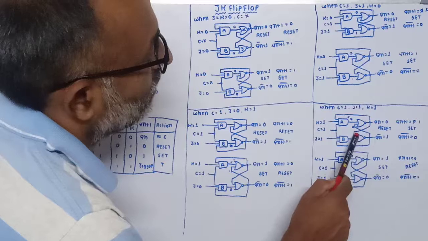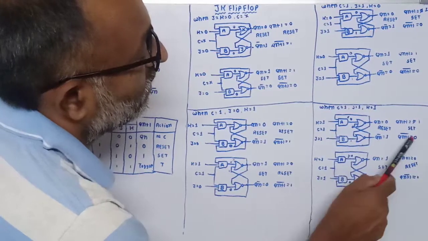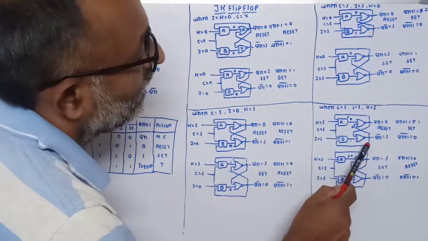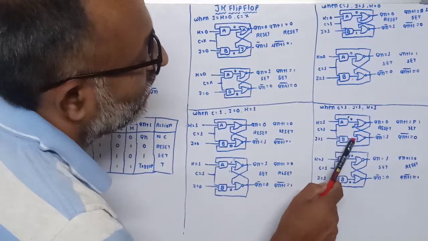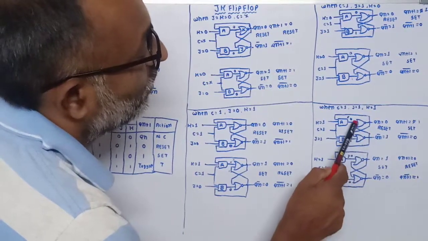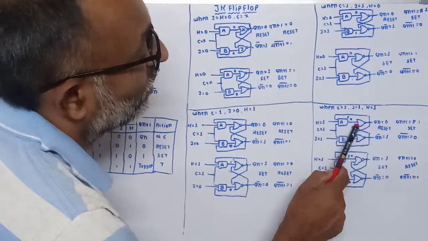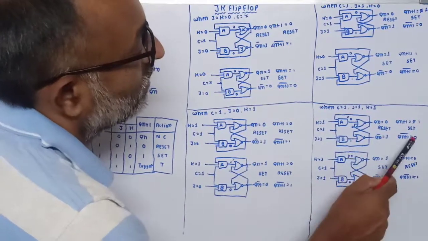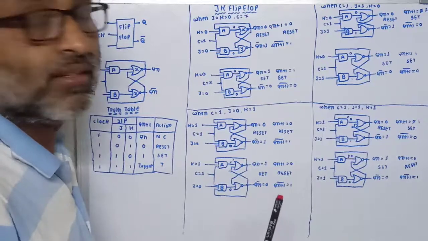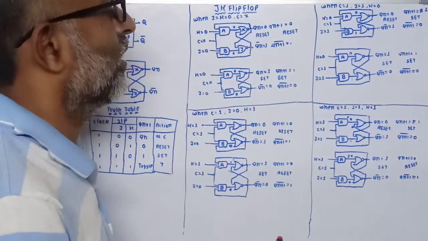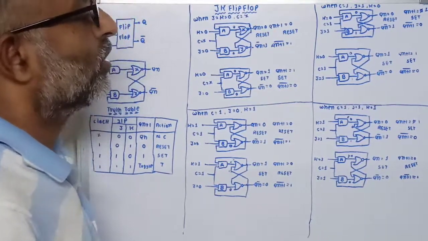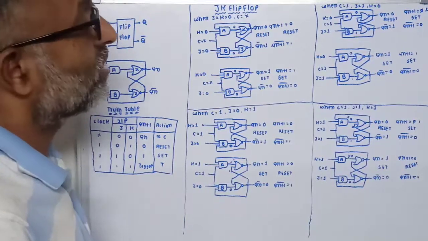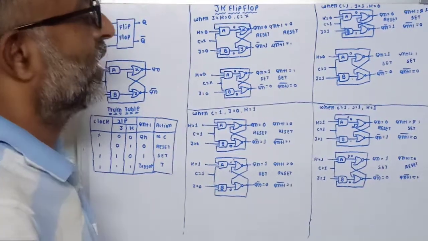So here 0 is available, 0 plus 1, 1, 0. So here it is 0, that means it is disabled. This 0 is available here, 0 plus 0, 1. And here 1 plus 0, 1, 0. Now the flip-flop is in steady state condition, and our flip-flop goes into set state.